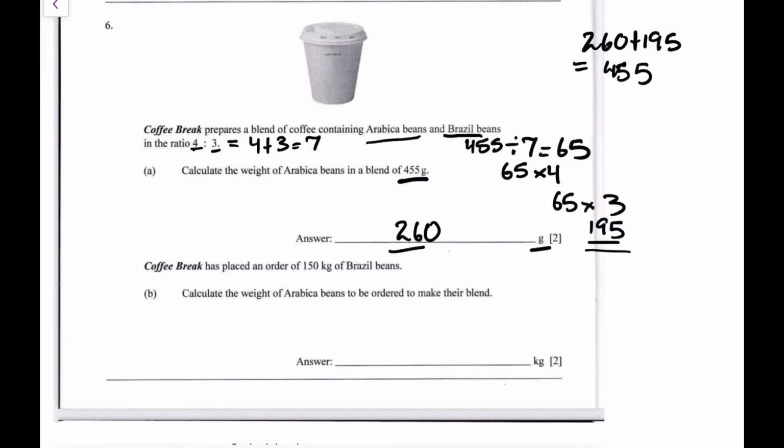Alright, so we have to remember that the ratio of Arabica beans to Brazil beans is 4:3. And then they also said that they have an order of 150 kilograms of Brazil beans.